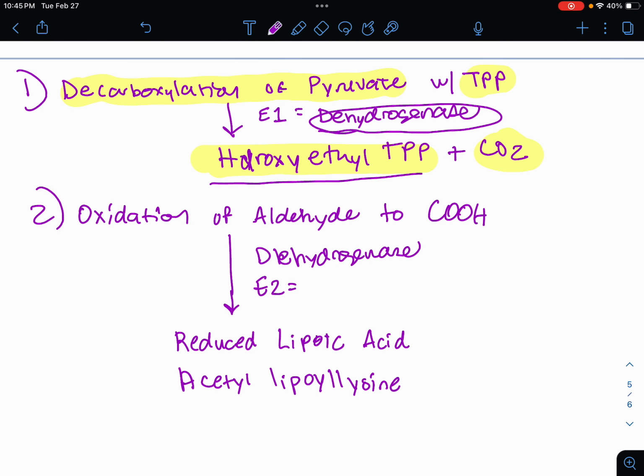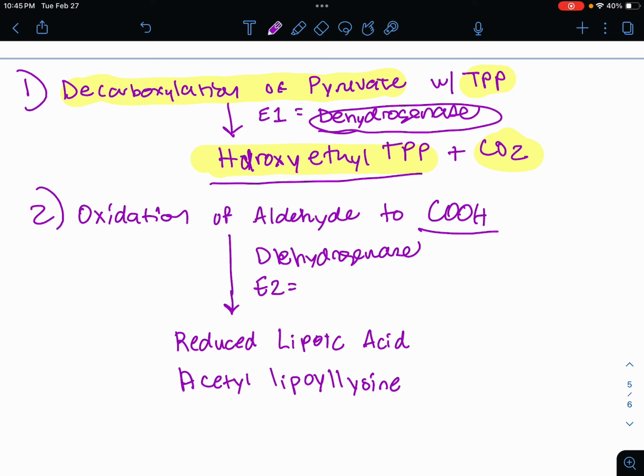We're going to oxidize an aldehyde into a carboxylic acid. When we do this, remember, this complex, they're all together. This is to prevent any of these unwanted side reactions, and it just happens in a very efficient method. So, when we're talking about enzyme 1 and enzyme 2, remember, they're really close to each other.